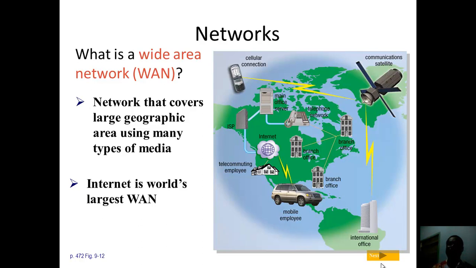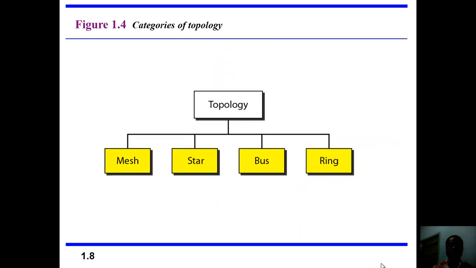Wide area networks employ different technologies, different protocols, but they all work together to achieve a common purpose. The internet is the largest wide area network that we have that connects across the entire globe.